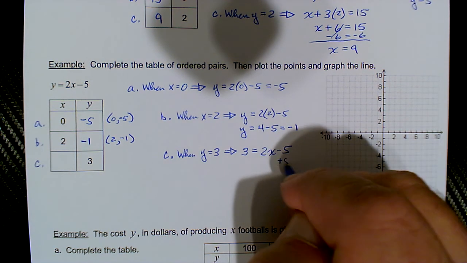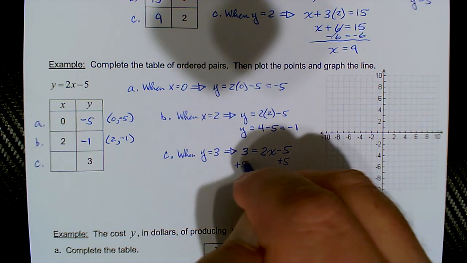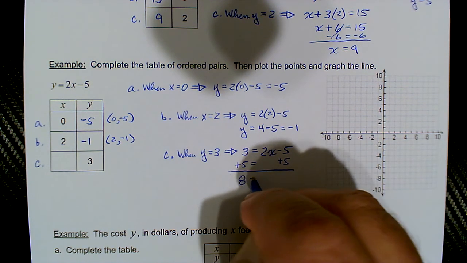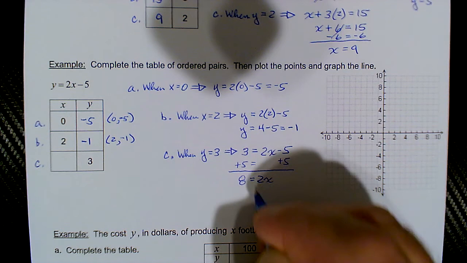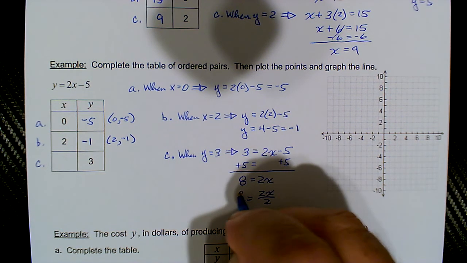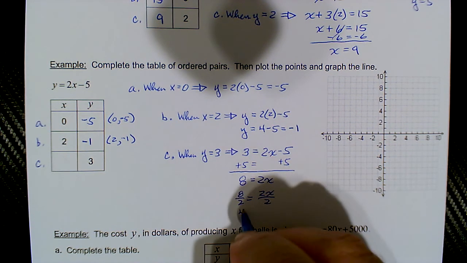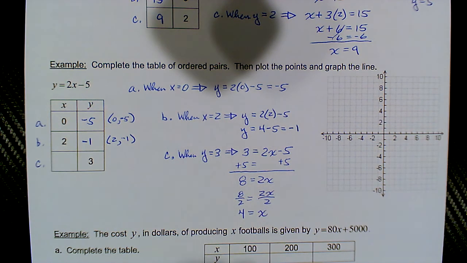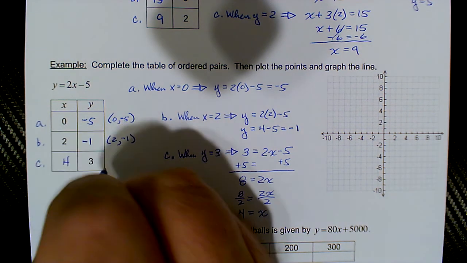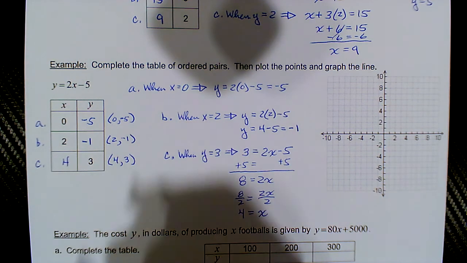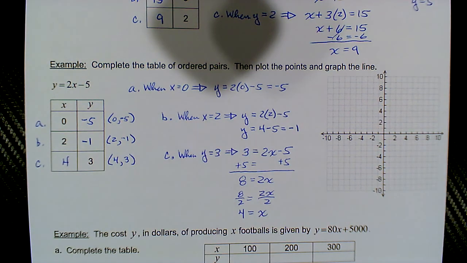Isolate the x, add 5 to both sides of the equation. Get 8 equals 2x, and finally divide by 2. And we get that 4 equals x, or x equals 4. So 4 and 3 is the other point.